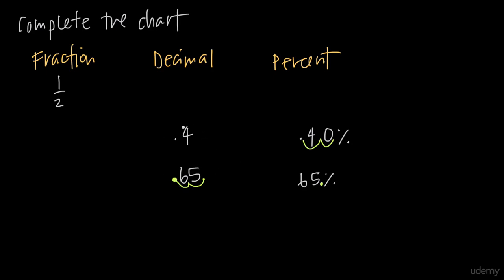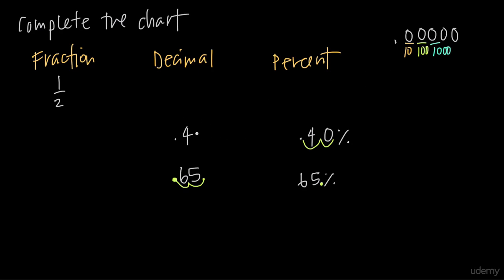Now, how do I get from decimal numbers to fractions? Well, all I have to do is remember my place value, right? If I have 0.00000, I know that this is the 10ths place, I know that this is the 100ths place, and I know that this is the 1000ths place, and I could keep going, but really I just have to remember my place value here. So when I look at 0.4, I know that the number ends in the 10ths place, right?